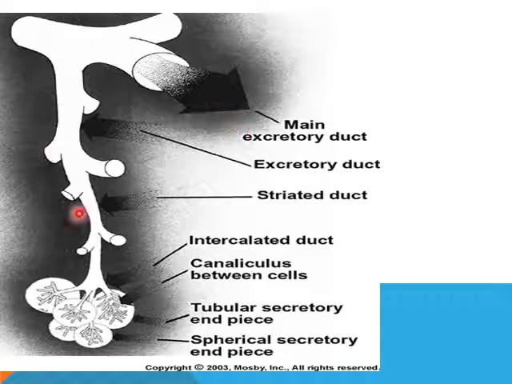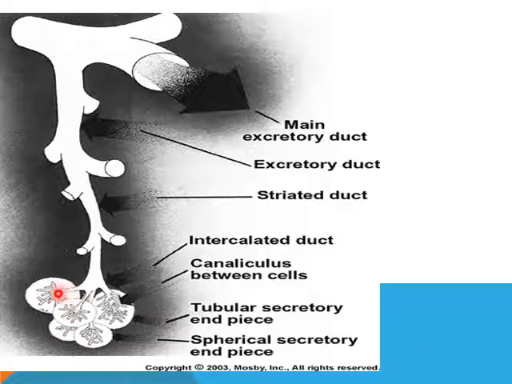This picture shows the compound salivary gland. This is the duct. This is the smaller one, which is the intercalated duct, and this is the secretory end piece, which looks like alveoli present inside the lung.